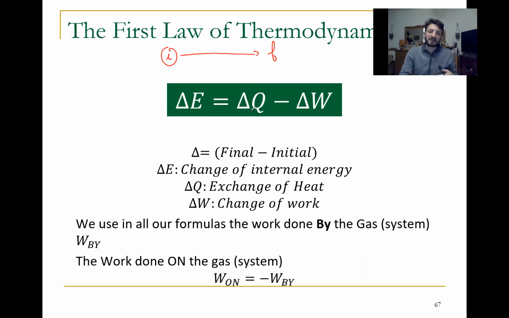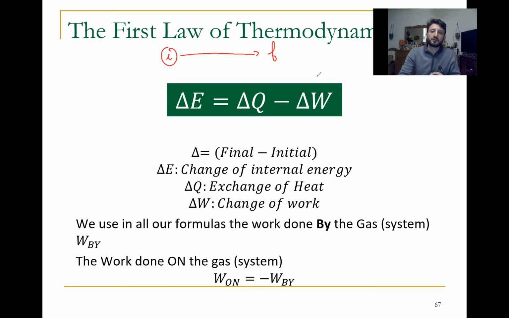Delta Q is the quantity of heat added or released by the gas. Delta Q can be positive in the case of Q hot. It can be negative in the case of Q cold. The heat added or gained or lost by the gas.